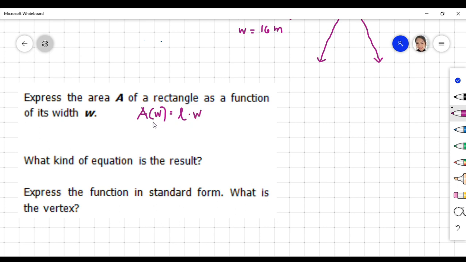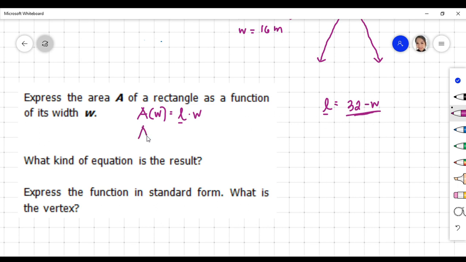So since it's an area of W, we have to express L in an expression where it has W as the letter on it. So we know that we had solved earlier L is equal to 32 minus W.